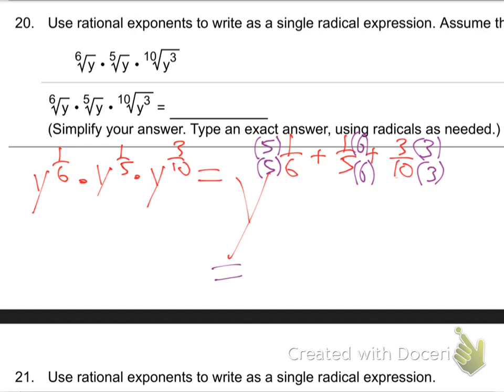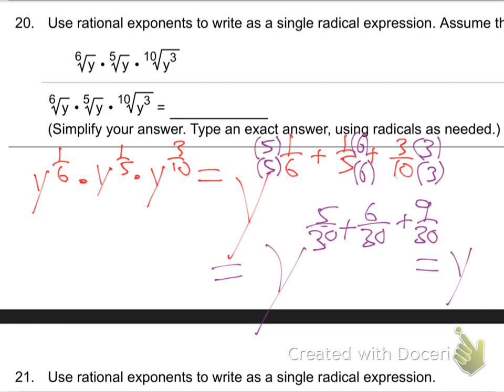And that equals y to the 5/30 plus 6/30 plus 9/30. And that is y to the, what's that, 20/30? Which is just reduced. We always reduce fractions.